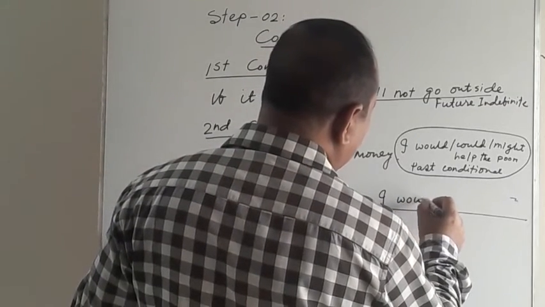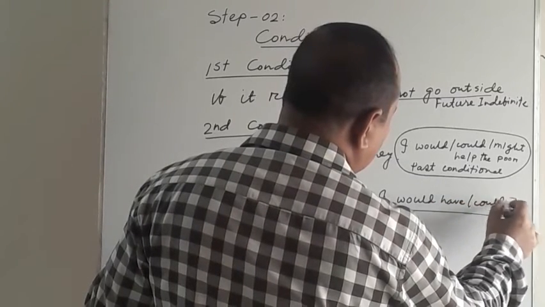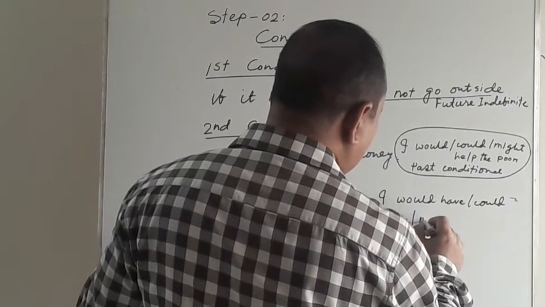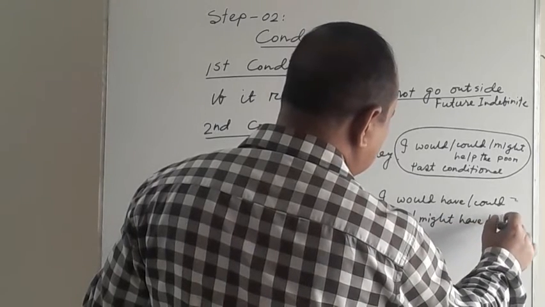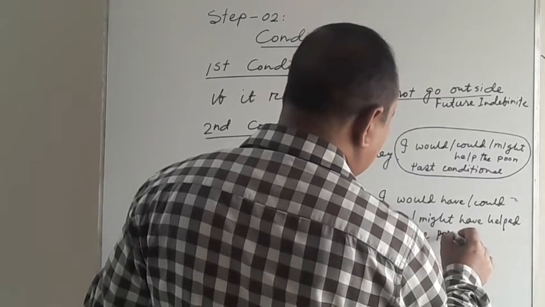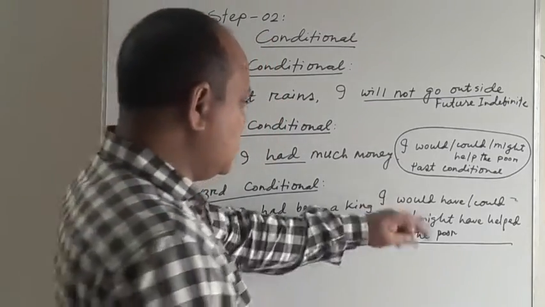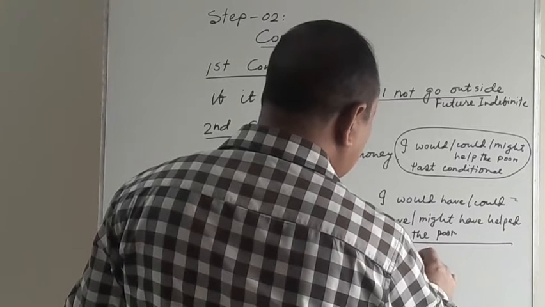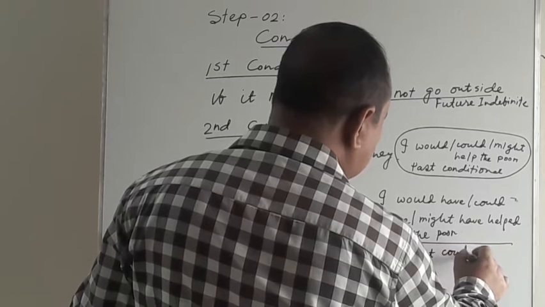I would have or could have or might have helped the poor. And we can term it perfect conditional. And this principal clause can be termed as perfect conditional.